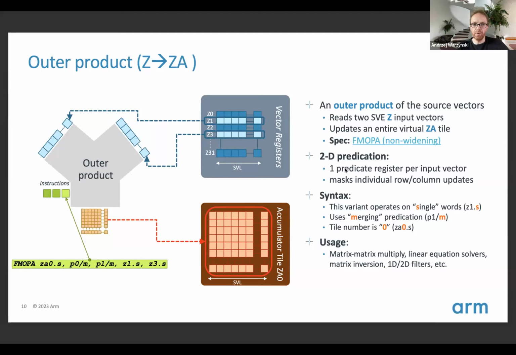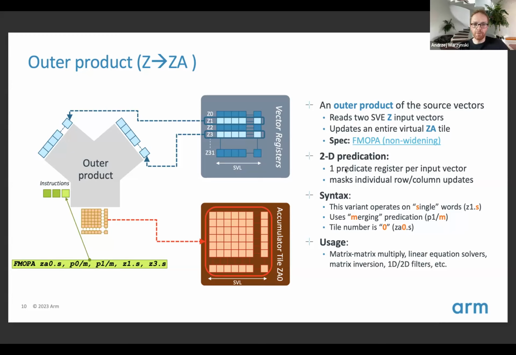In this example, you can see that this instruction is predicated. There's a predicate register per input vector register, which means that you effectively have 2D predication, although we're using only those vector predicates to achieve that.